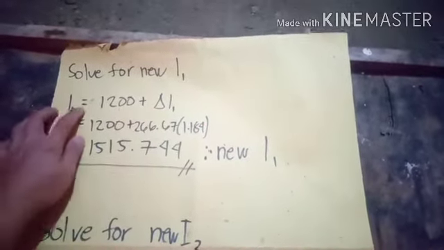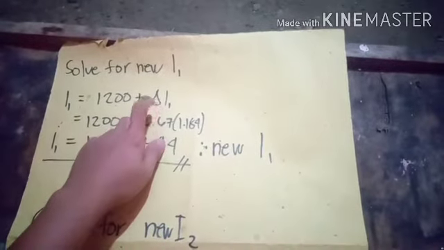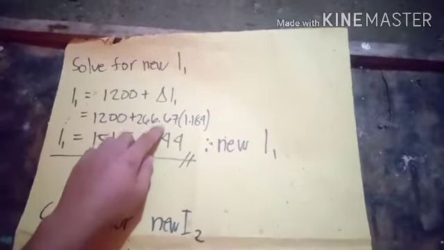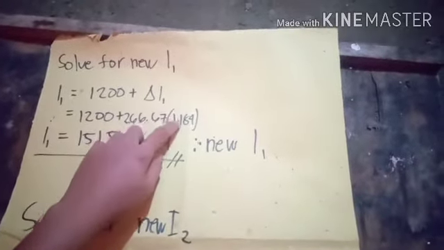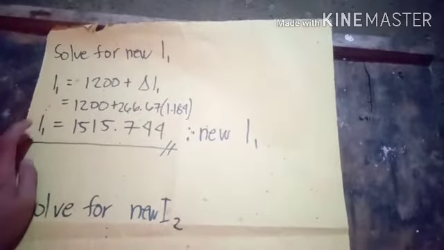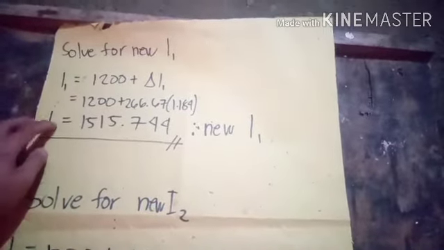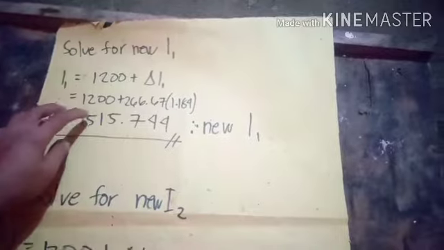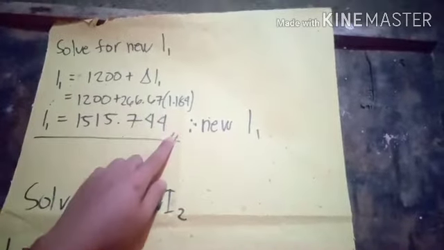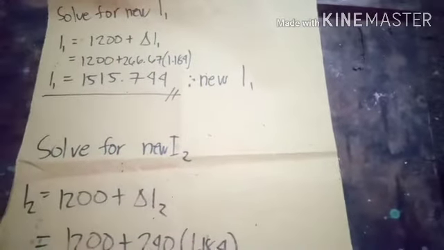So I sub 1 is equal to 1,200 plus change of I sub 1, which is 1,200 plus 266.67 times 1.184. So the new current for generator 1 is 1,515.744 amperes.